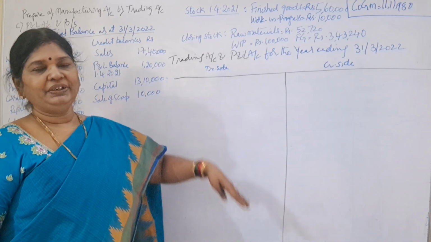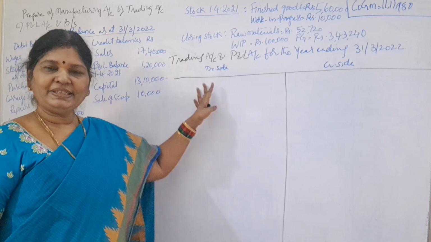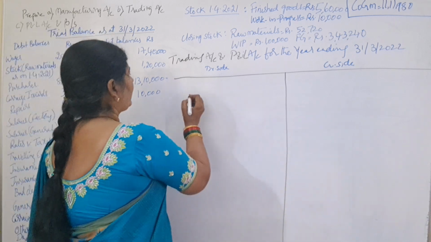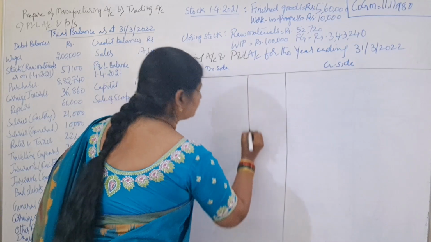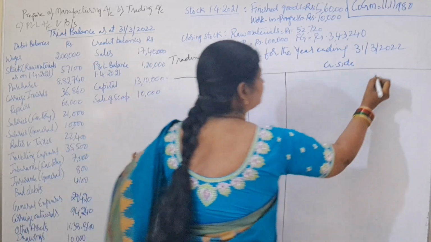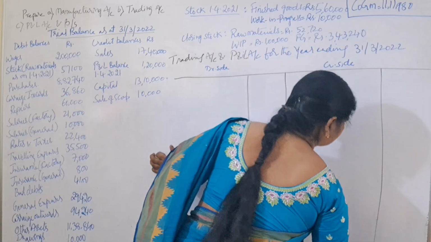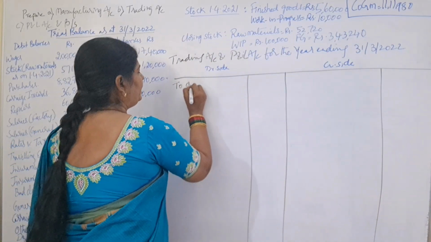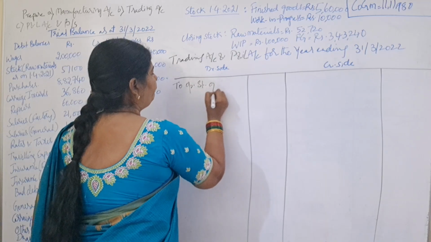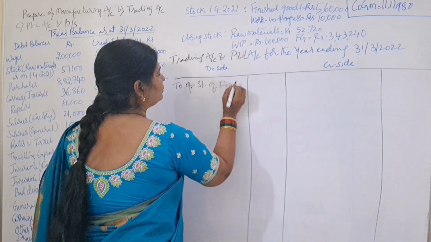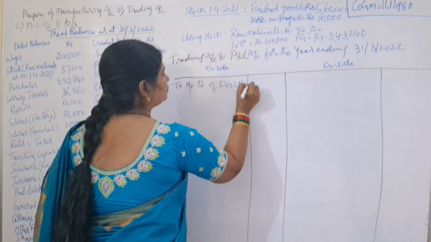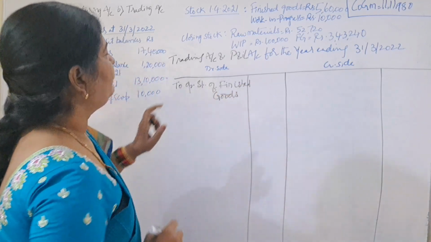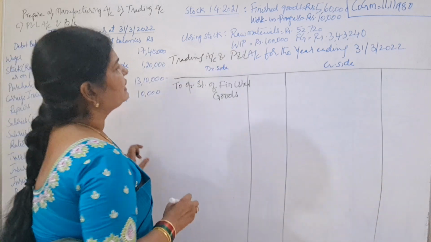After that we will continue profit and loss account in the same one. So in trading account, first what do we have to take? We have to take to opening stock of finished goods. What is our opening stock of finished goods? 5,60,000.